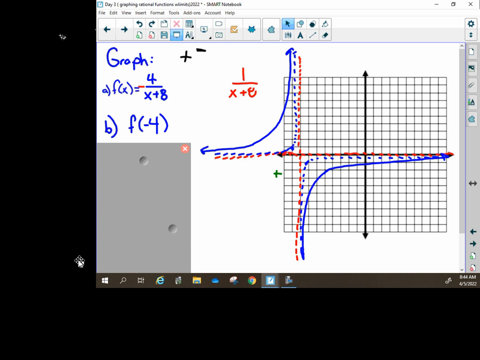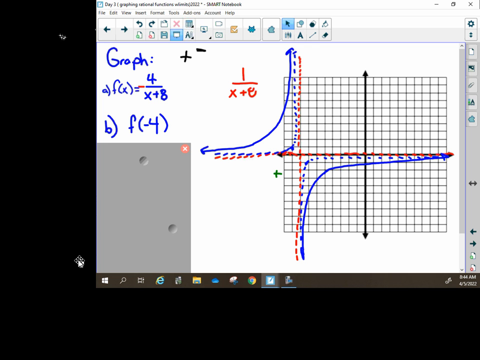Find f of negative 4. So if I go over here to negative 4, 1, 2, 3, 4, it looks like the graph's going to be somewhere in this region. This is just a sketch, so I can't just come down here and say it looks like it's at negative 2.